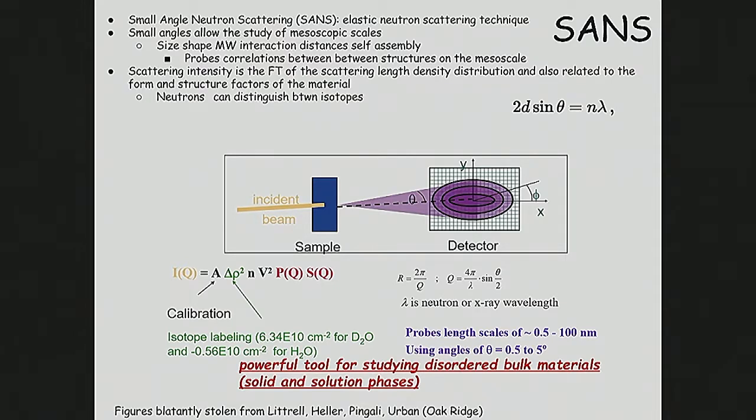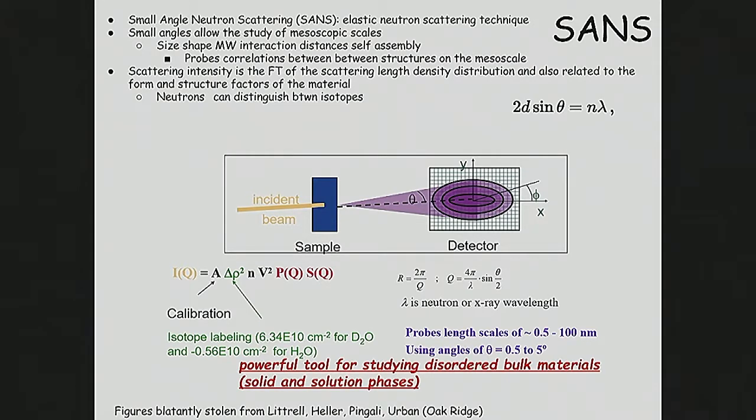From SANS data, we can study the size, shape, and molecular weight of our materials, as well as interactions between particles, their distances, and self-assembled structures. It's a very powerful tool for studying disordered bulk materials in solid and solution phases.